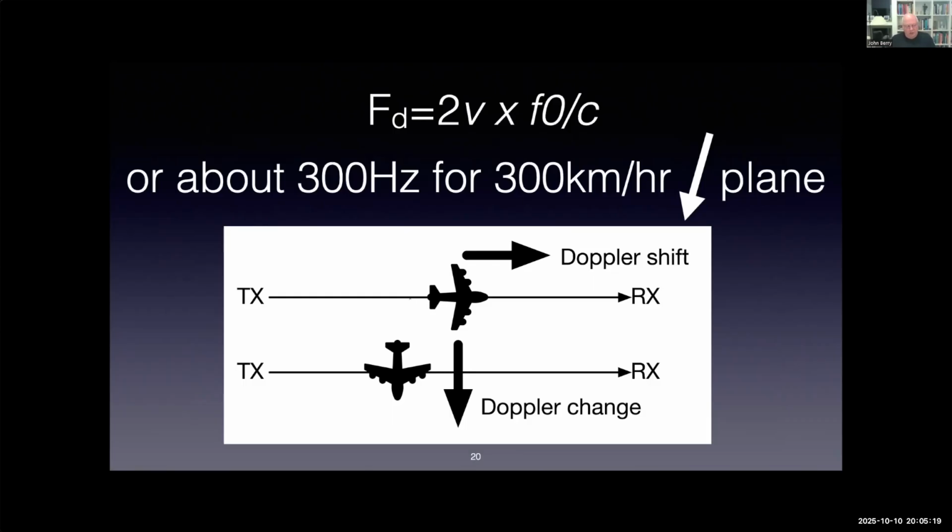Looking down the line, TX to RX on the top example, if we are on the aircraft, we will see a Doppler shift because we're traveling away. Therefore, we'll see a reduction in frequency, a drop in frequency. But from the perspective of the receiver, the transmission is moving towards us, so it'll rise. And the net result is we don't get any Doppler effect down the line, or very little, maybe just if we're slightly off the line.